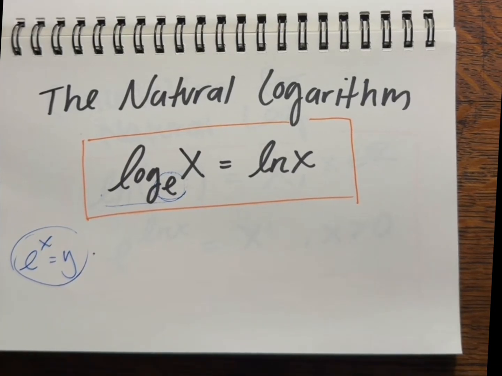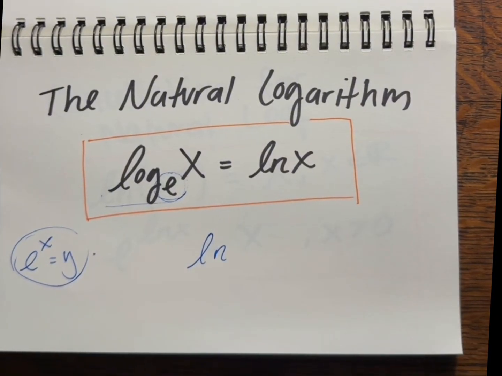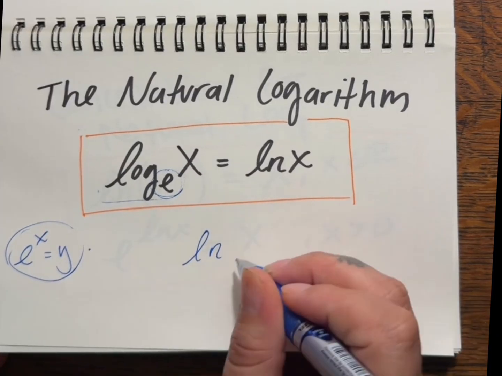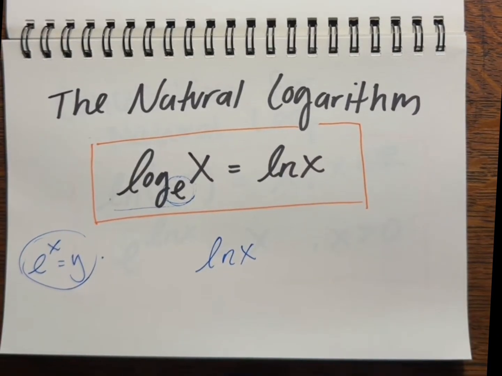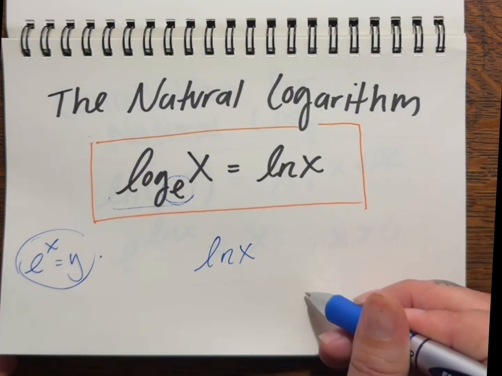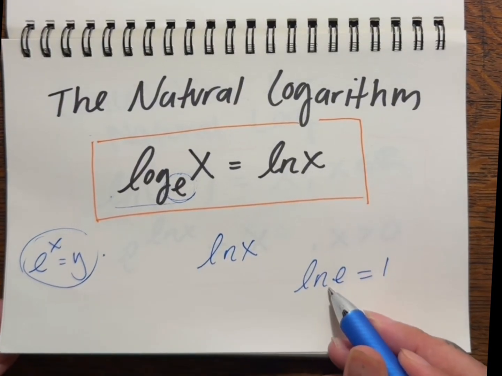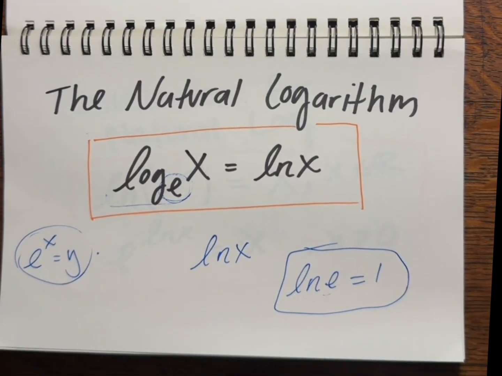In the same way, the natural log, ln x, is maybe the most commonly used in calculus. Another important thing to remember is ln e is always equal to 1, right? Because we have an invisible 1 here. e to the power of 1 is e. So this is also important to remember and helpful.